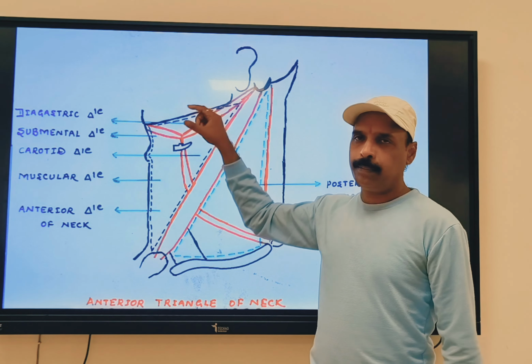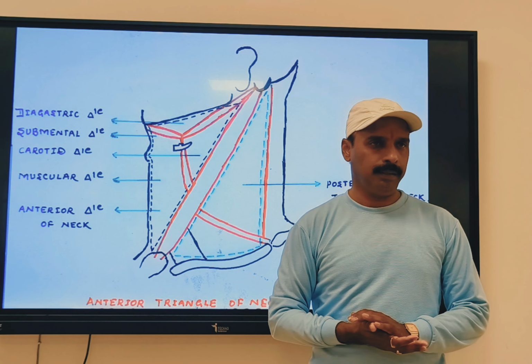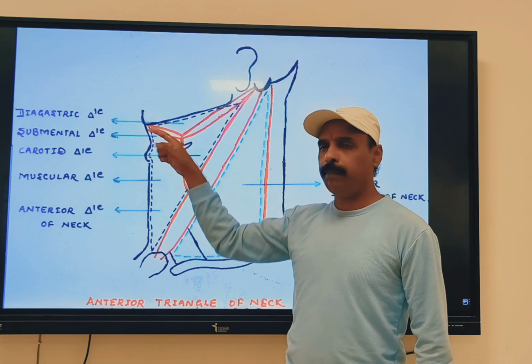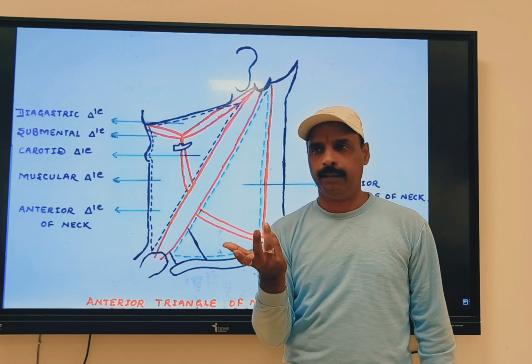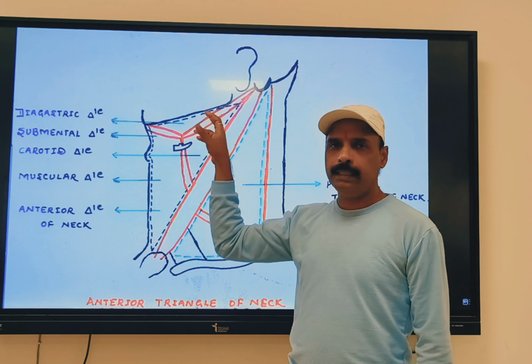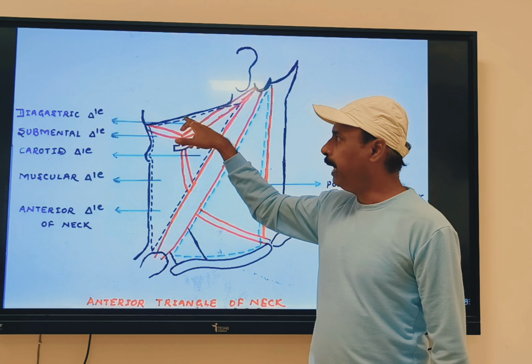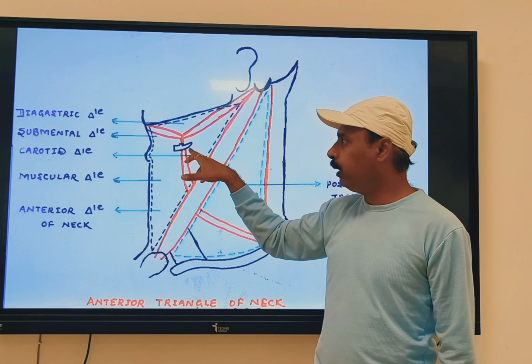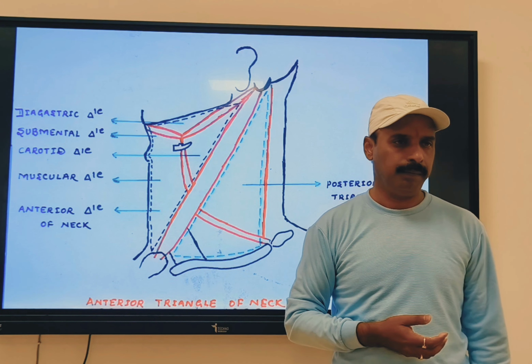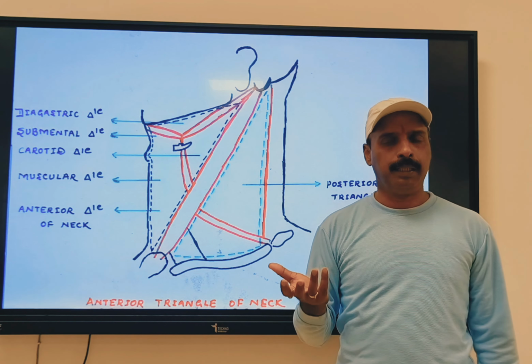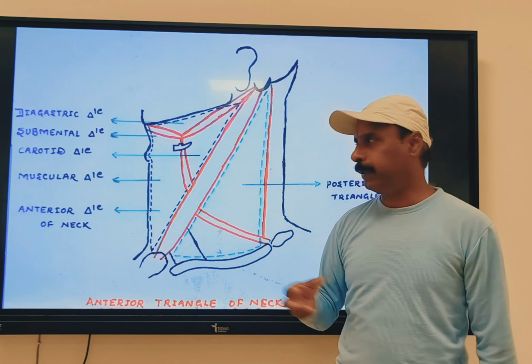Digastric is present at the submandibular region. The submental region is below the mentum. The digastric triangle is the submandibular region, from the base of the mandible to the hyoid bone. In the submandibular region, the digastric triangle is present.